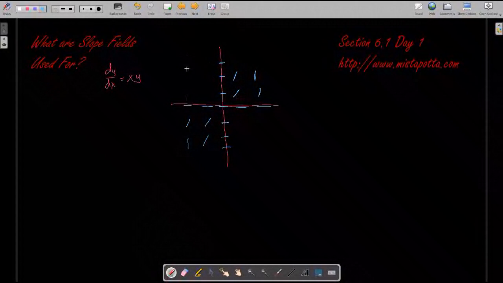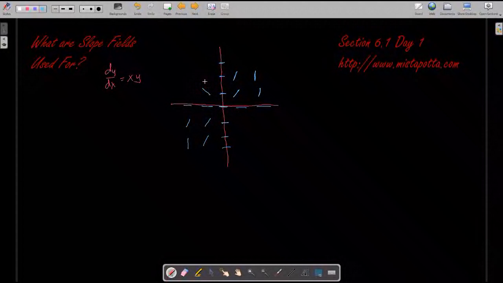In the second quadrant over here, something interesting happens. I've got negative 1 times positive 1, and so I end up actually with a reflection.